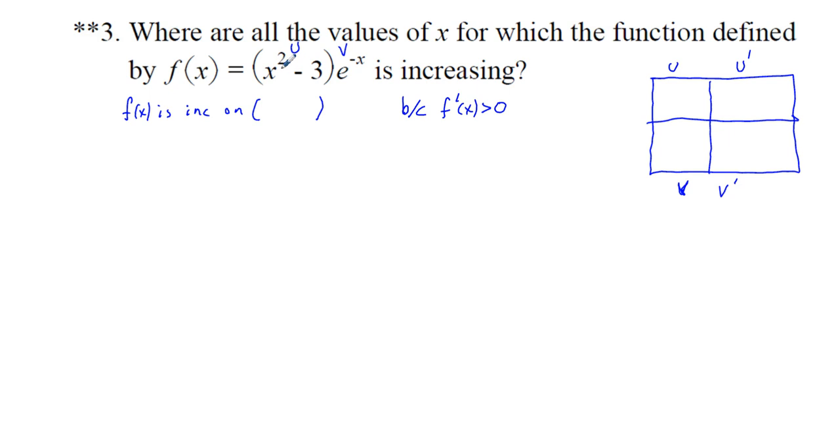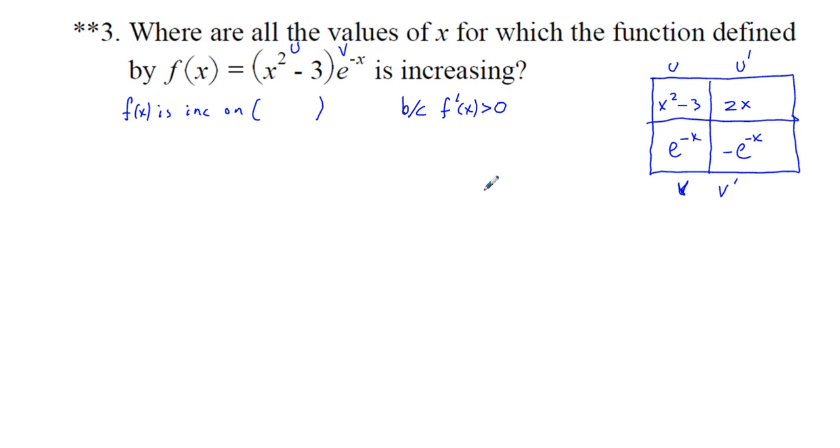So here we have our u is going to be x squared minus 3, and our derivative of u is going to be 2x. And for this one over here, we have e to the negative x, and v prime is going to be negative e to the negative x power. So that's using the chain rule.